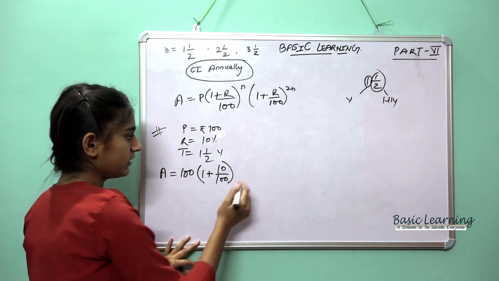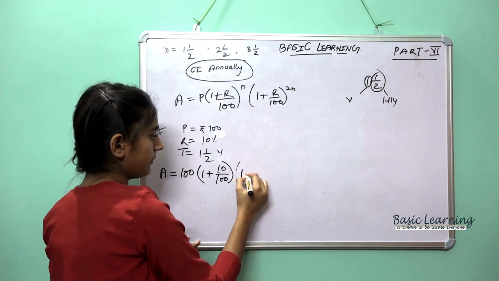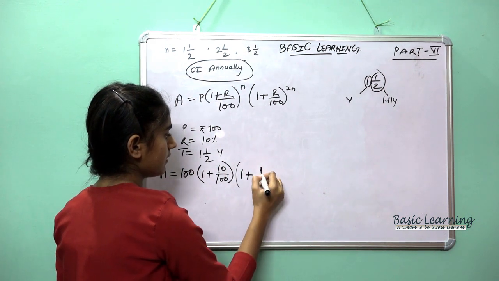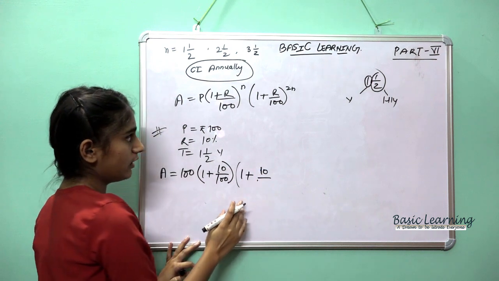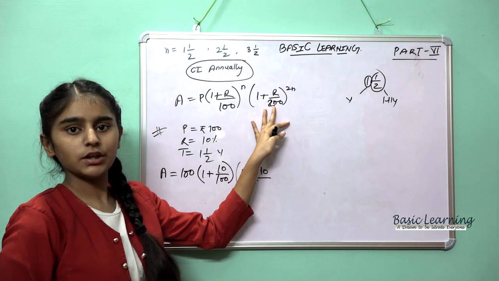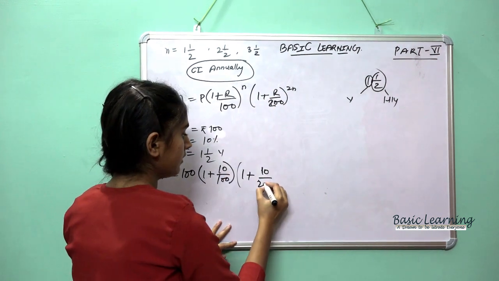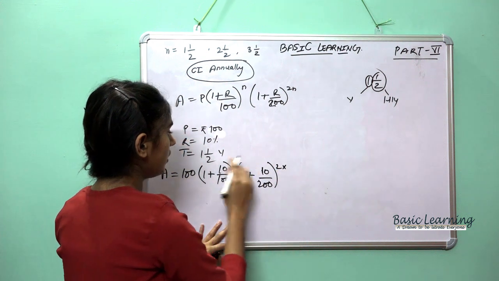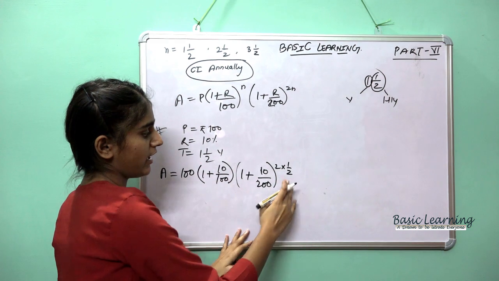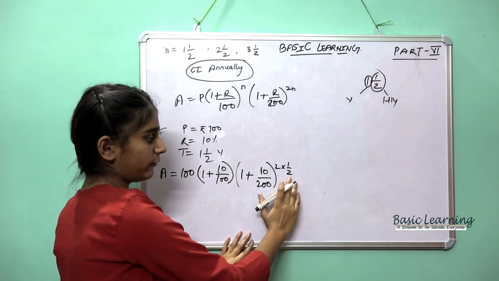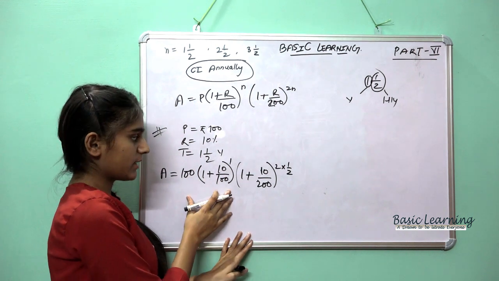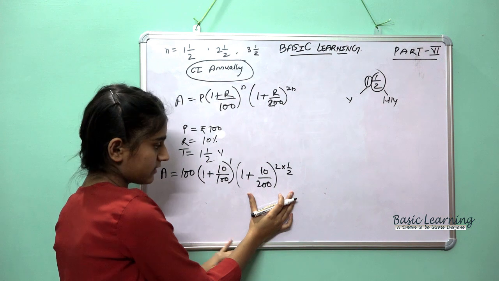Now we are applying the same formula here. 1 plus, here rate is 10% upon, now here you will do 200, sorry for the mistake, this is 200, and 200 upon 2 into 1 upon 2. I hope you get the point. Why have we put one half here? Because 1 is for the yearly basis and the half part is for the half yearly basis.